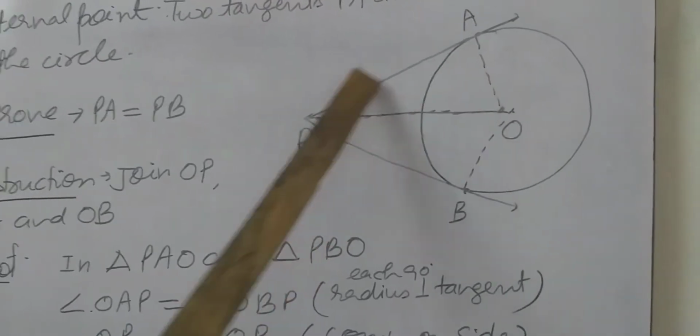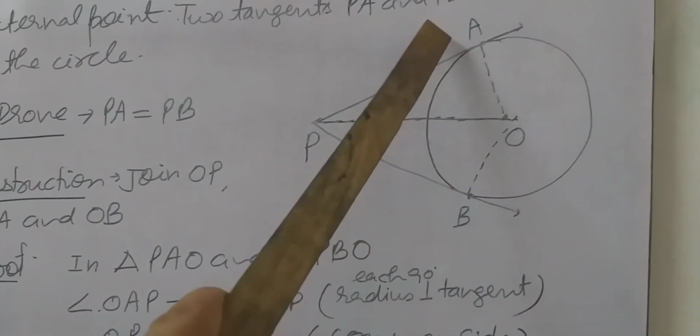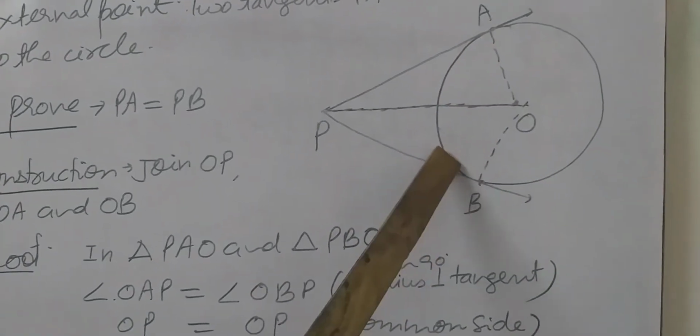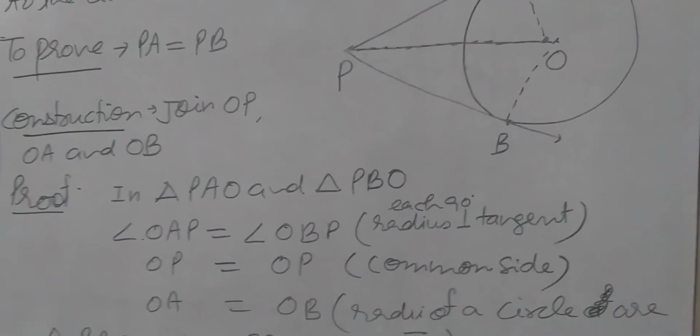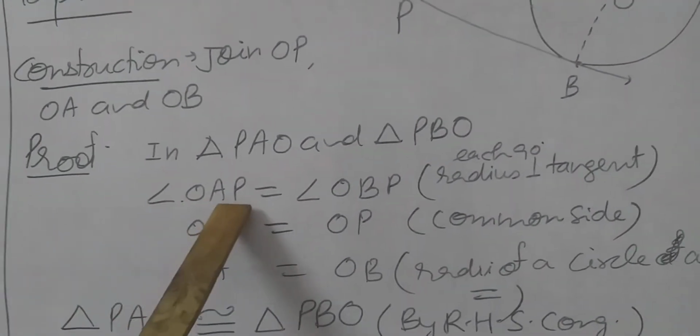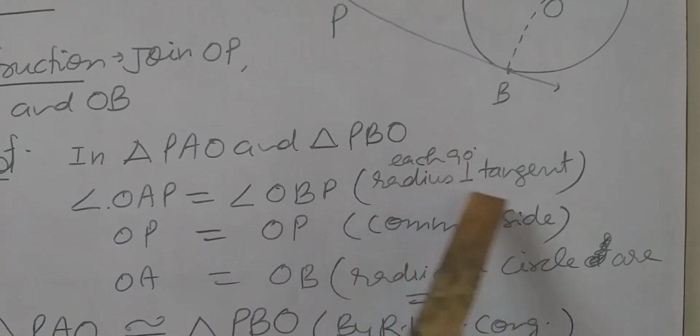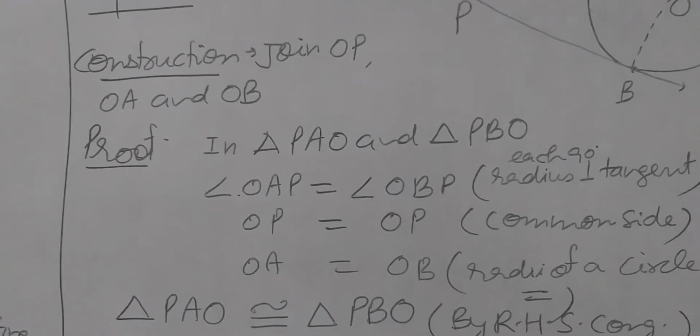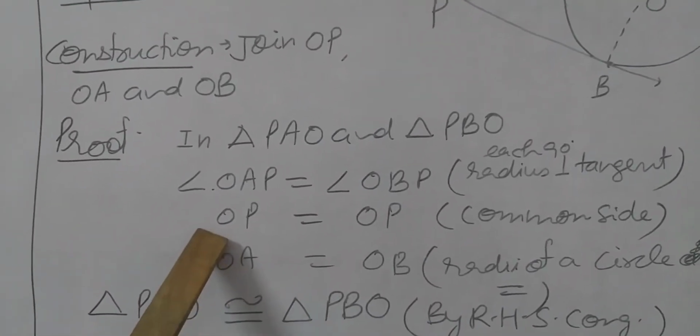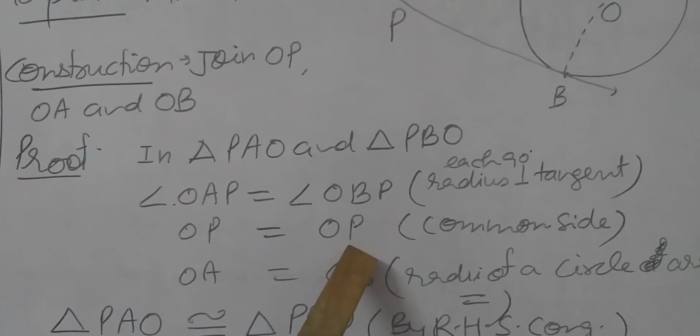The radius is perpendicular to the tangent at the point of contact. So angle A equals angle B. Angle OAP equals angle OBP, each 90, radius perpendicular to the tangent. OP equals OP, common side.